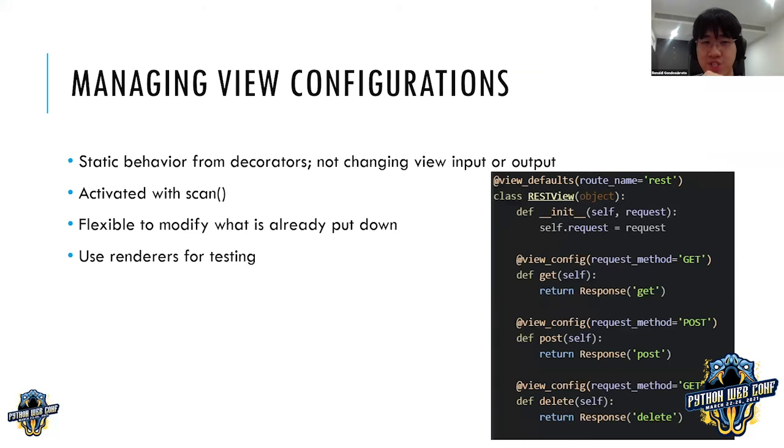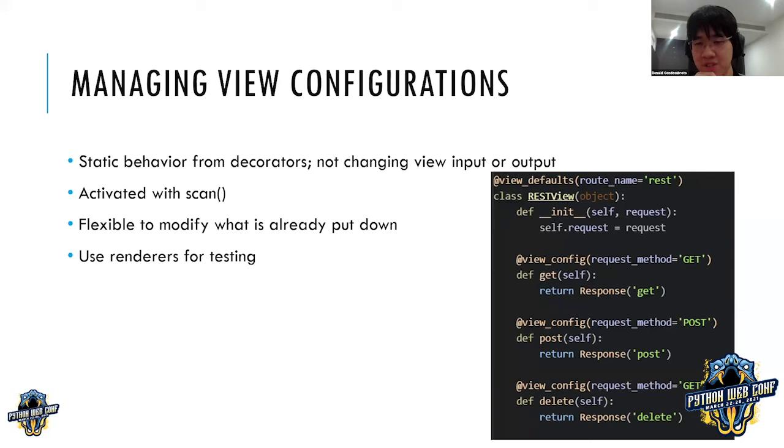Managing view configurations. This topic is also very important, as Pyramid allows us to create configurations based on views. In this instance, we can see some get, post and delete methods.